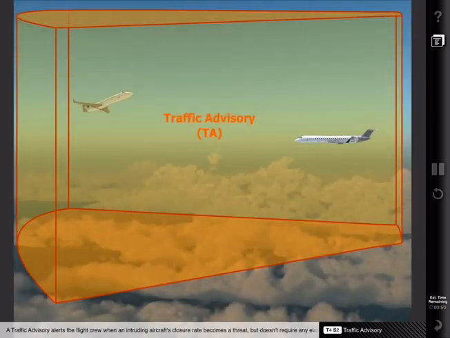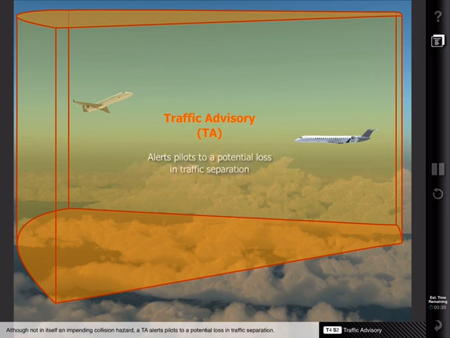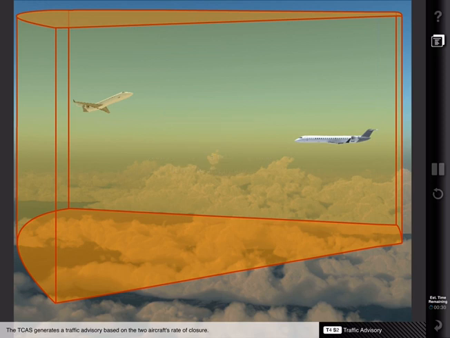A traffic advisory alerts the flight crew when an intruding aircraft's closure rate becomes a threat but doesn't require any evasive action from the flight crew. Although not in itself an impending collision hazard, a TA alerts pilots to a potential loss in traffic separation. The TCAS generates a traffic advisory based on the two aircraft's rate of closure.